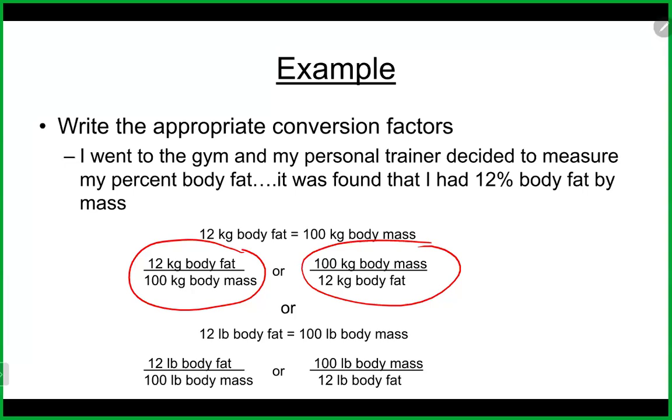Doesn't matter what units. If you want to do more of an English system like we do around here, pounds, that would mean that you have 12 pounds of body fat for 100 pounds of mass, or vice versa. 100 pounds of body mass will give you 12 pounds of body fat. Typically, we assume 100 because really, it just keeps the number the same. You can assume any number you want, but the numbers would change and make it difficult.